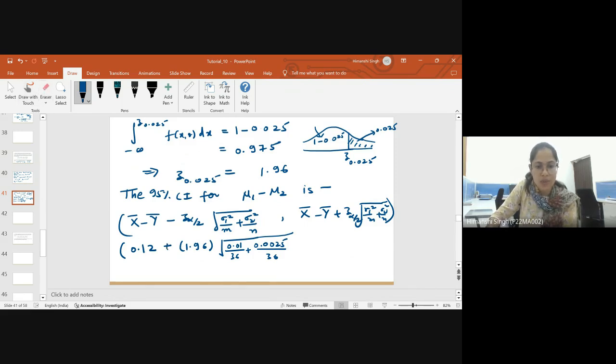Let me write it in this way, plus minus, because we need to calculate this.